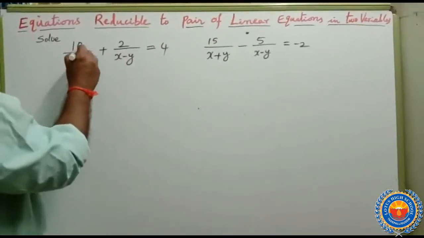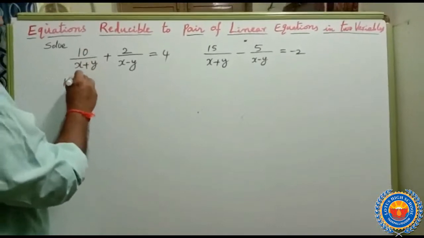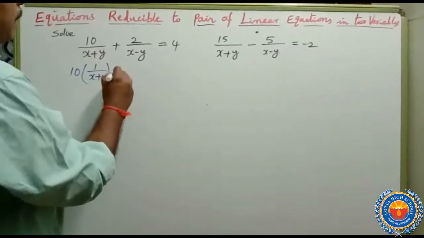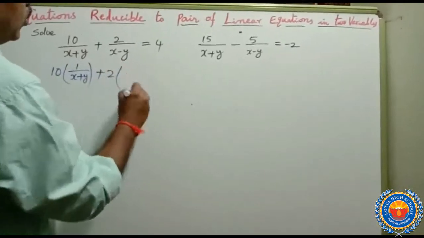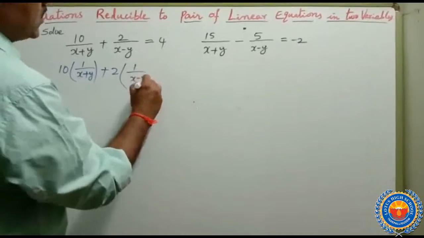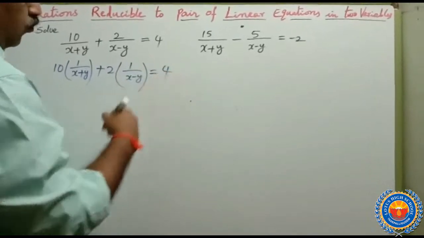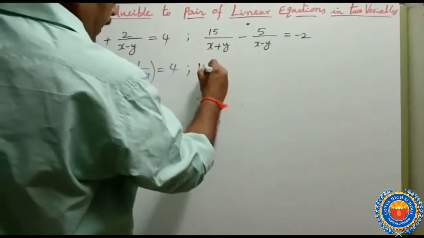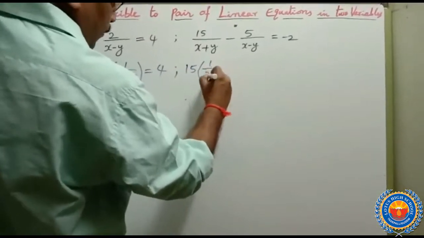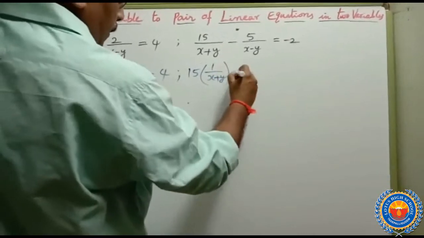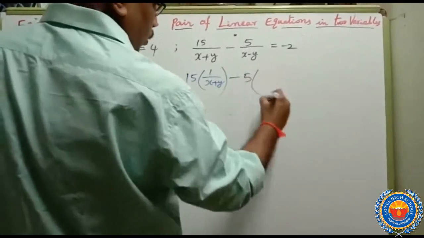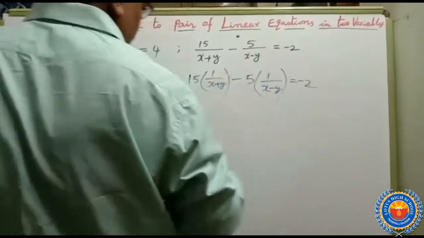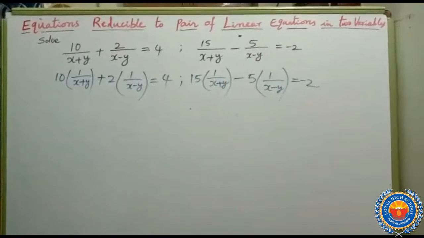Carefully you see. This is nothing but 10 into 1 by x plus y plus 2 into 1 by x minus y is equal to 4. Coming to this equation, 15 into 1 by x plus y minus 5 into 1 by x minus y is equal to minus 2.